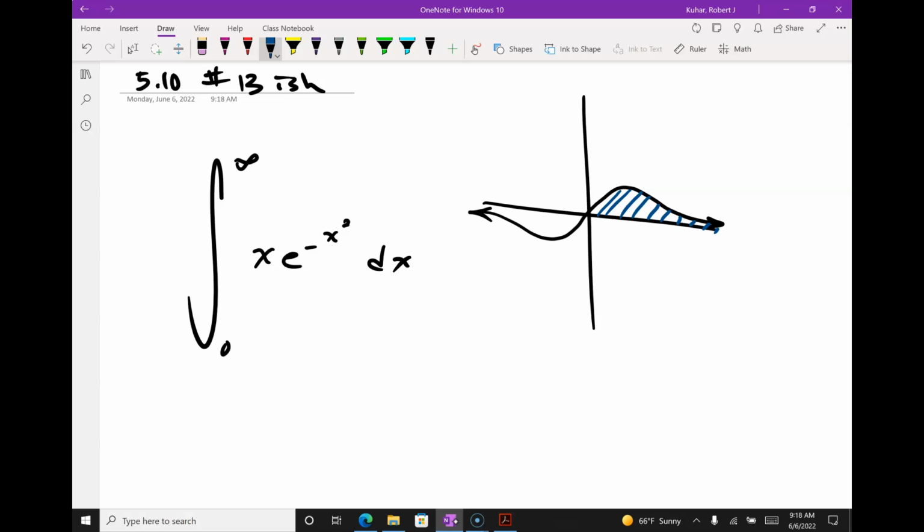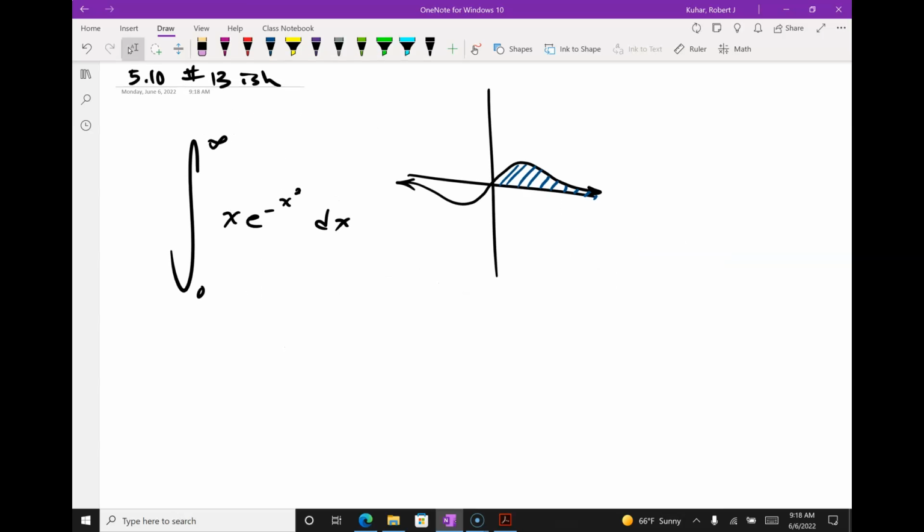We want to know if that's finite or not. So I'm going to need the limit as a goes to infinity of the integral from 0 to a of x e to the minus x squared dx. Good, get me the integral. It's a u sub.